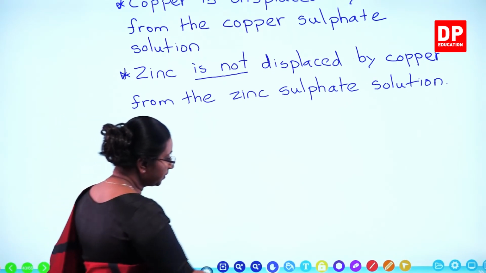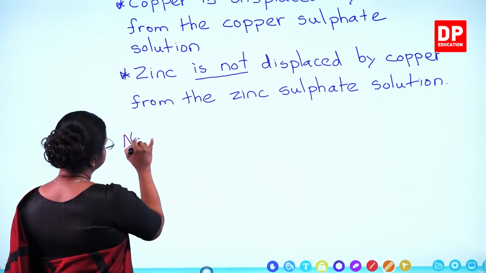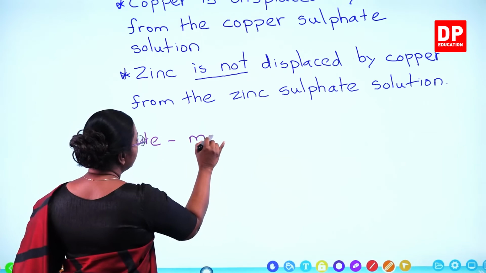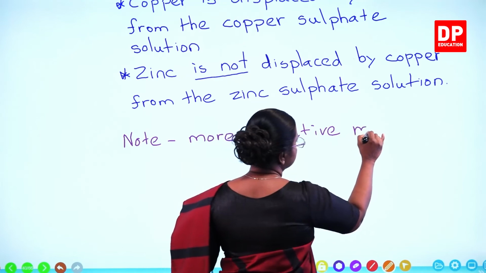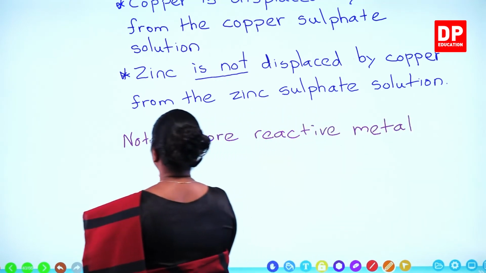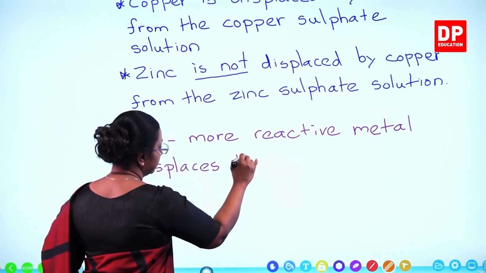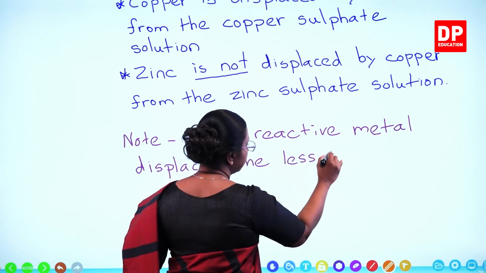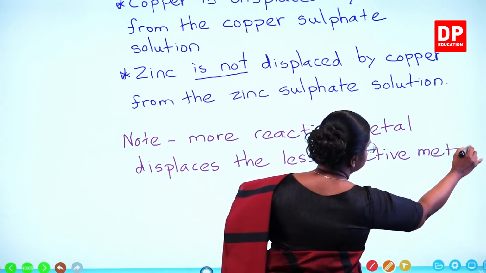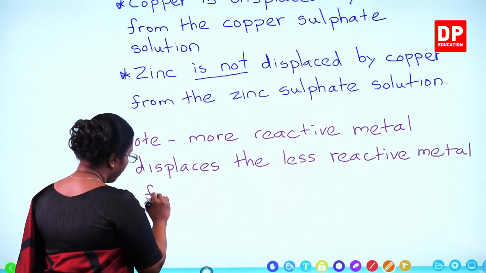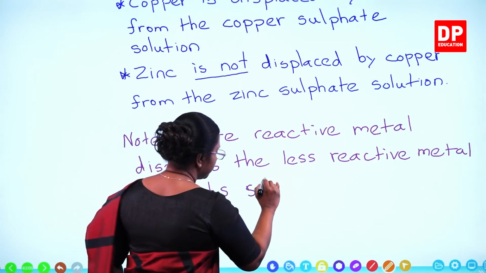And here, you need to understand that a more reactive metal displaces the less reactive metal from its salt solution.